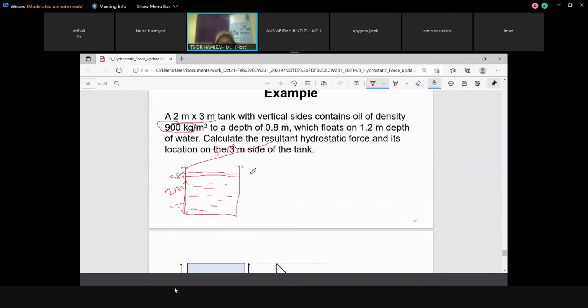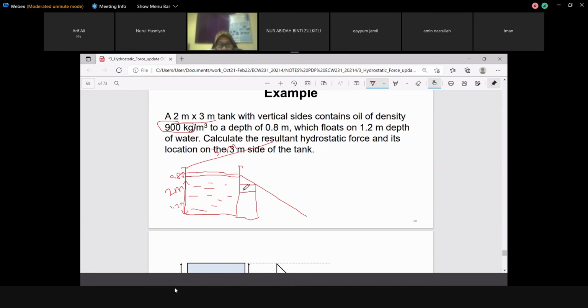So kita draw. Okay, here we have the, let's imagine oil ni panjang sikit lah sampai sini. Kita nak lukis. Okay, so you have the oil. Okay, this is the pressure diagram for oil.